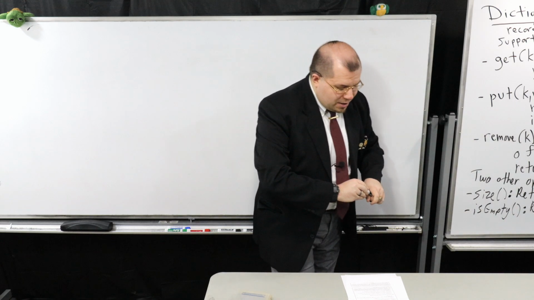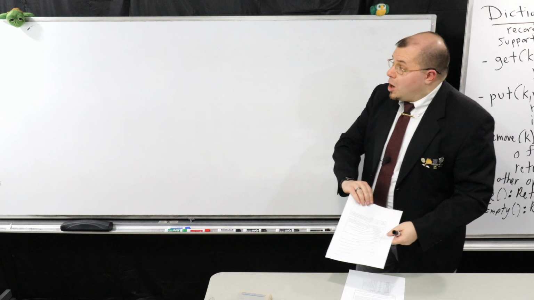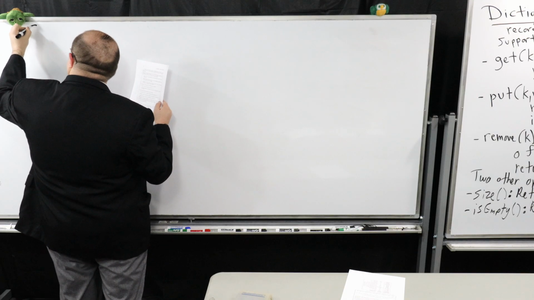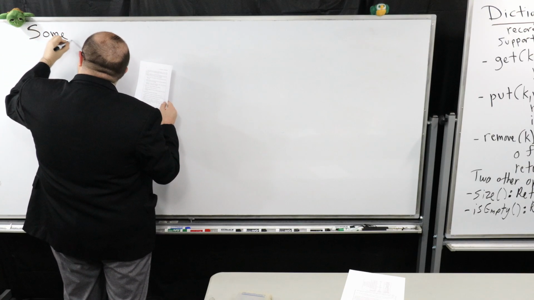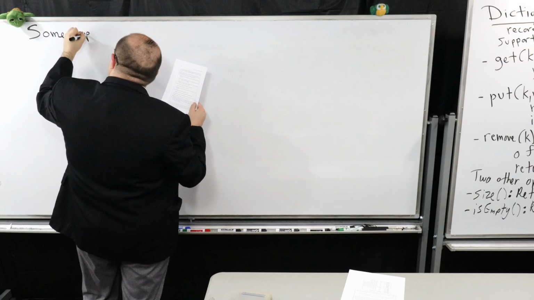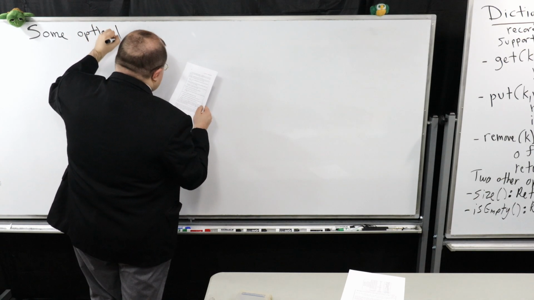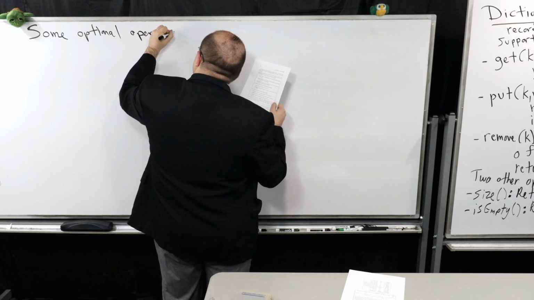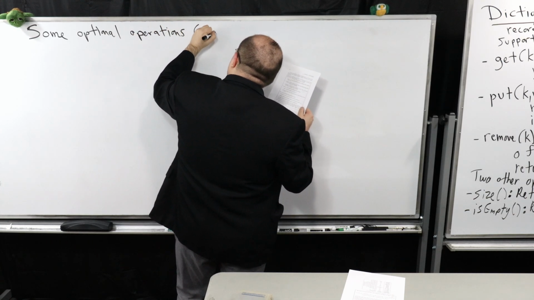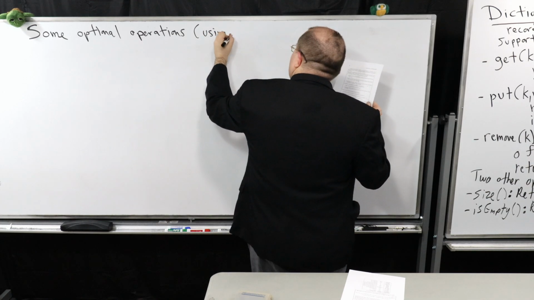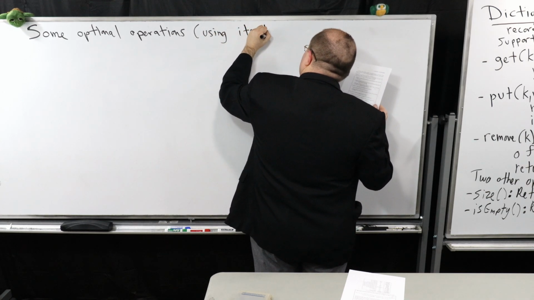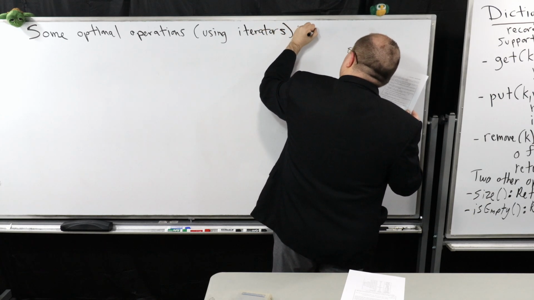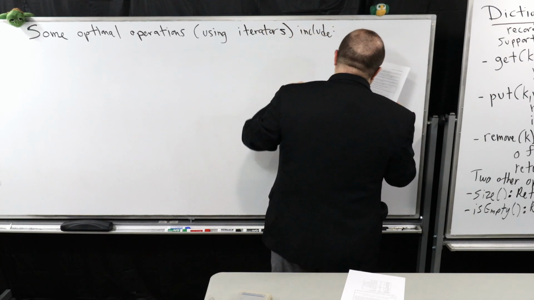So I'm going to talk briefly about some optional operations. I'm not going to focus so much on these. I'll talk more about those types of things in the lab. So some optional operations using iterators, which I'll make a mention about in a moment, include the following.